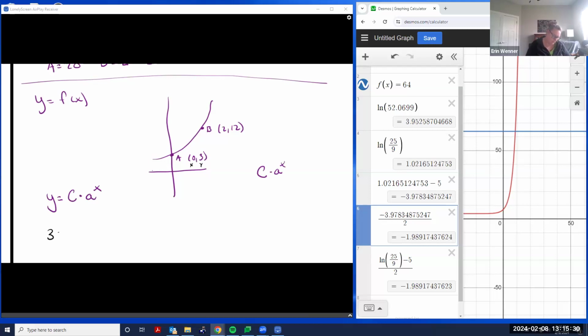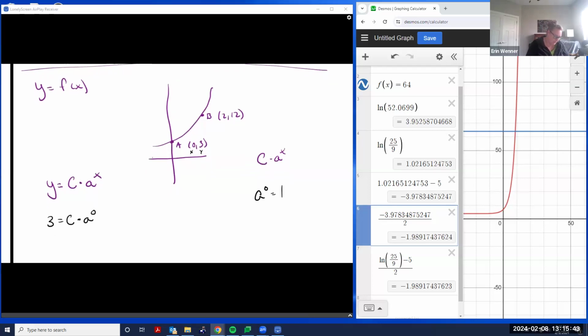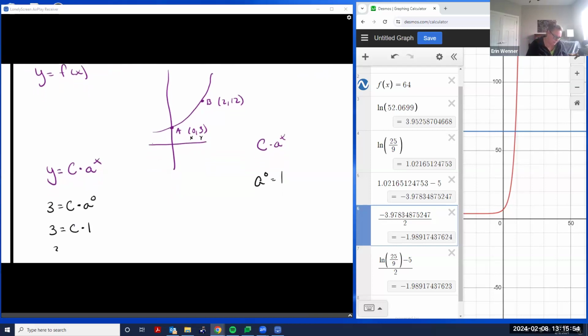We've got 3 equals c times a to the 0 power. Again, what do we know about a to the 0 power? A to the 0 power equals 1. So that tells us 3 equals c times 1, if I replace that a to the 0 with 1, right? Which tells us that 3 equals c.